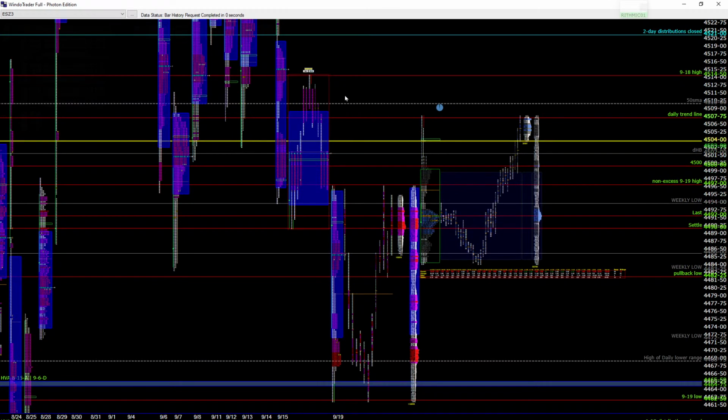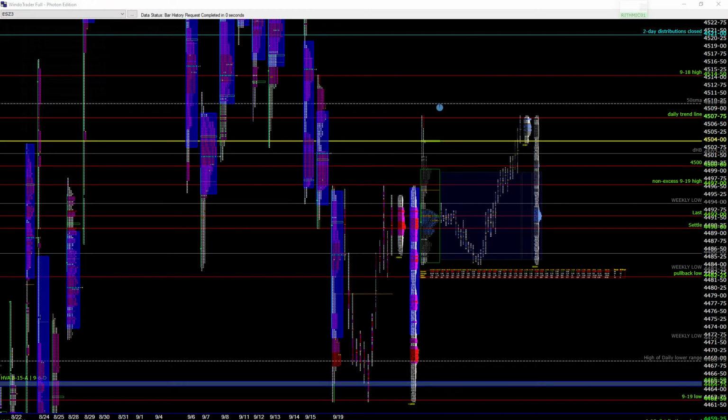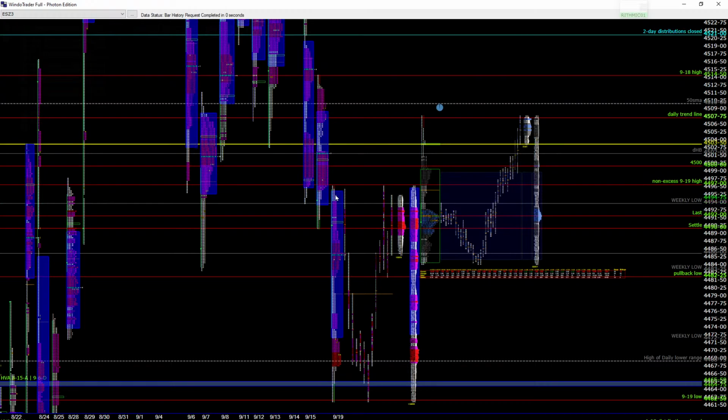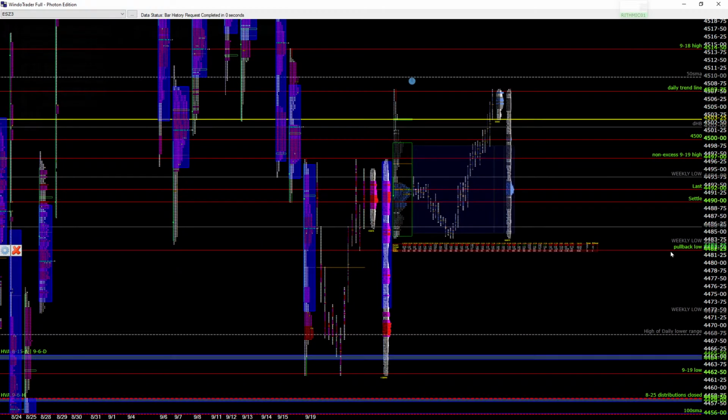Now, opening up here, today we have a gap. Gap guidelines: go with the gap, any gap that does not fill quickly, start monitoring value if a gap is filled. My main references are this distribution here, if the market can close this distribution, and the pullback low we have here yesterday, because the market is going higher.